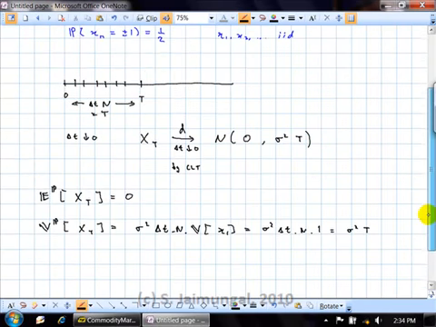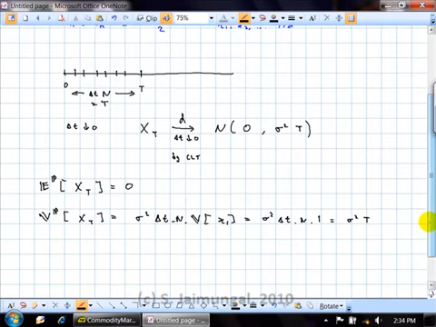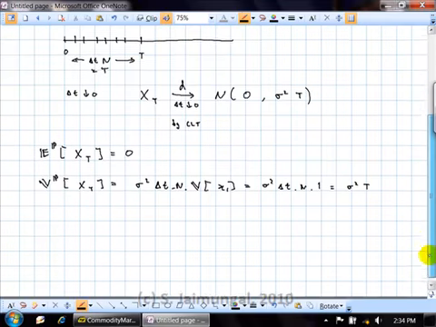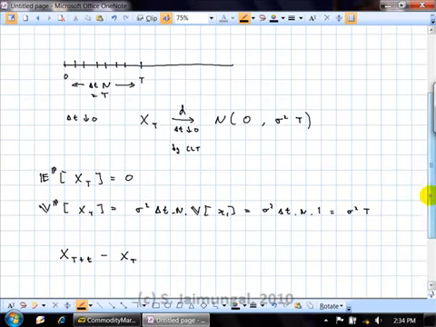Now, so we've got that. And then suppose I asked you to tell me about the distribution of the increment of x from 2 points in time. So let's say X at t plus little t, minus X at capital T. So I'm going to put another point in time here. That's t plus little t.